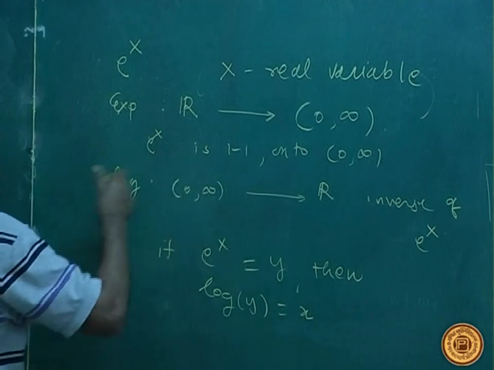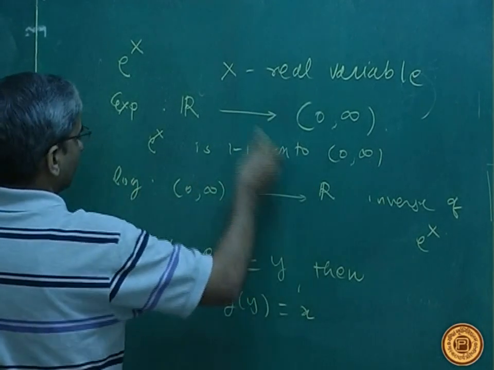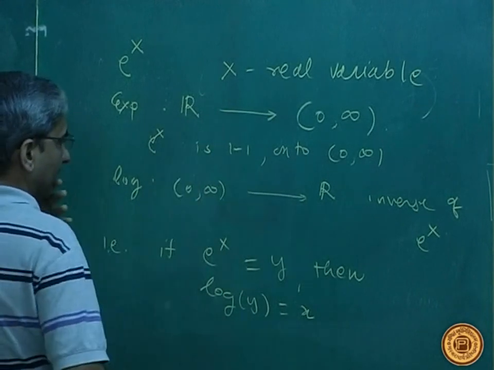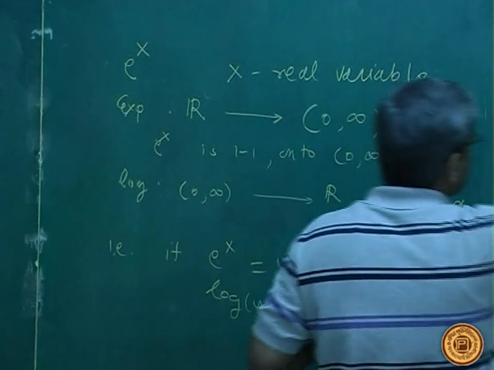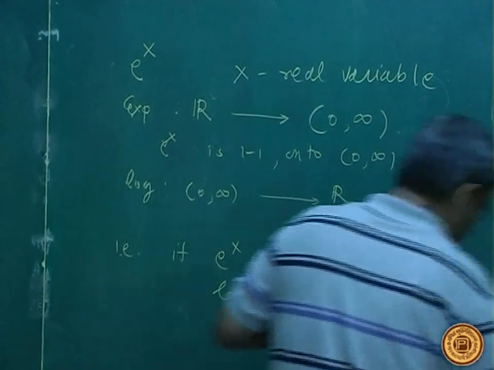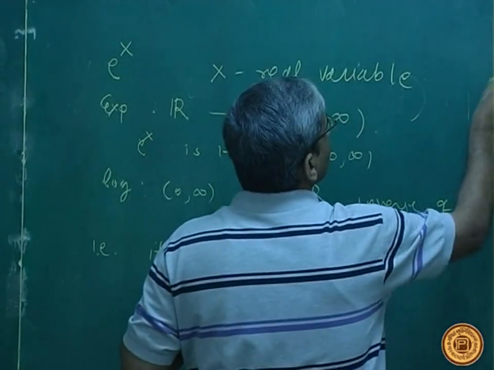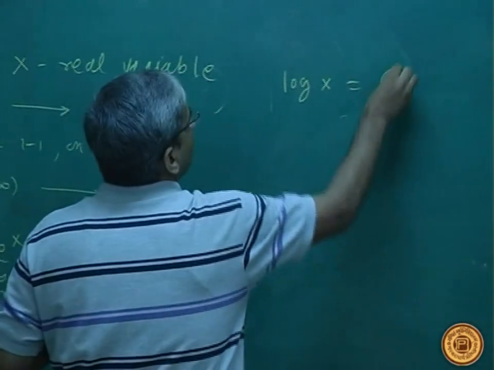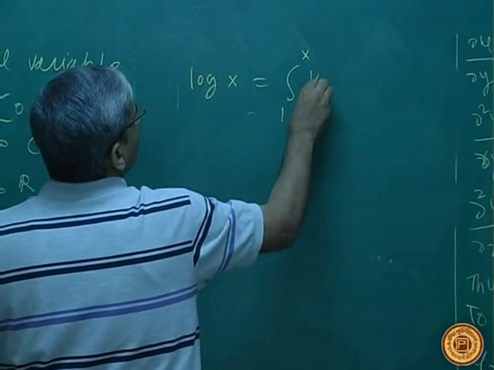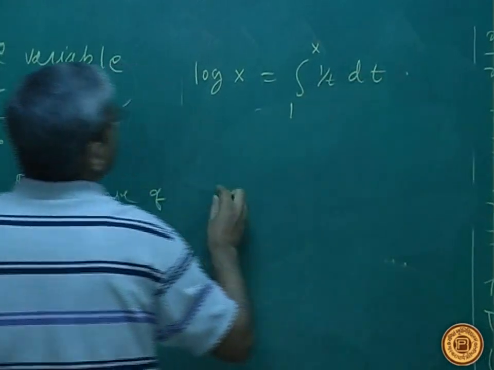Of course, I am not going to define any one of these two independently at present. Or if you want, you may just think on these lines. That is, you may define log x as the integral from 1 to x of 1 over t dt, and show that.